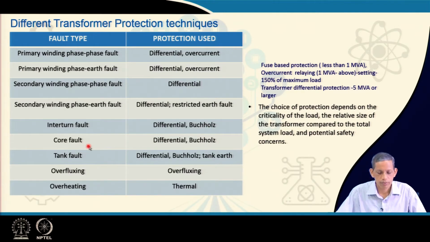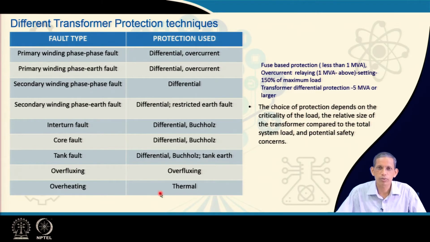Core faults: differential and the same Buchholz relay. Tank fault: differential, Buchholz and tank earth detection. Overfluxing: we have an overfluxing arrangement in relaying, with different harmonic component estimation for that perspective.